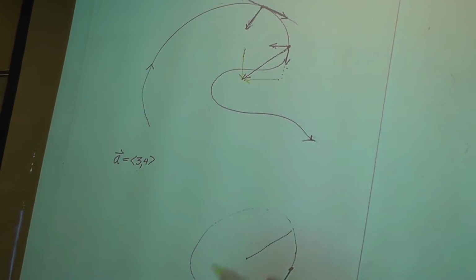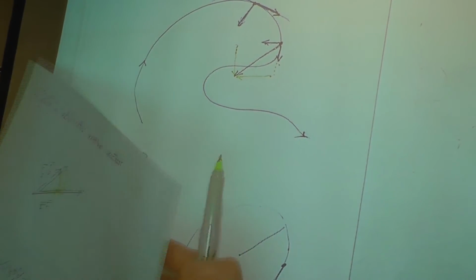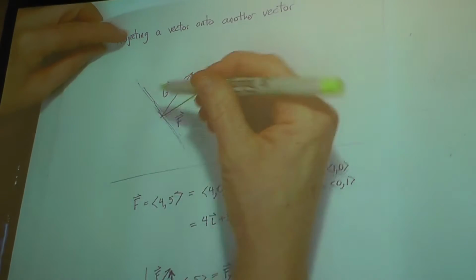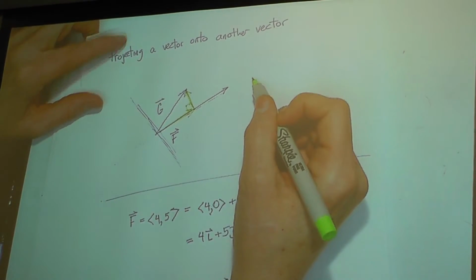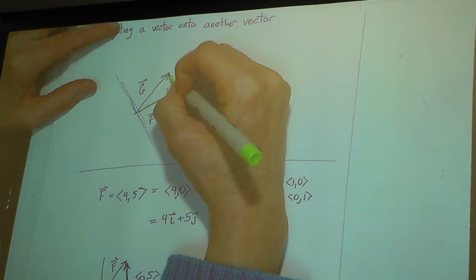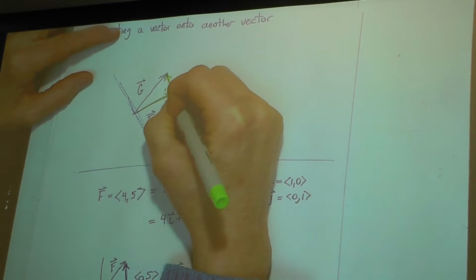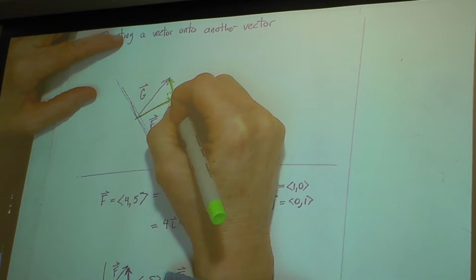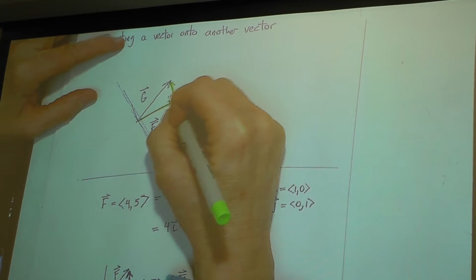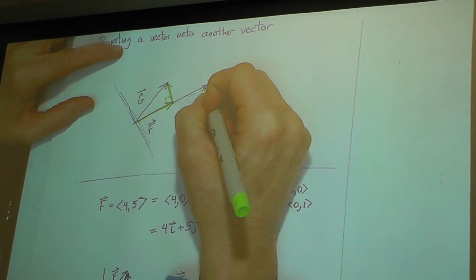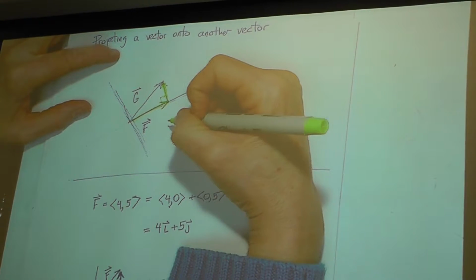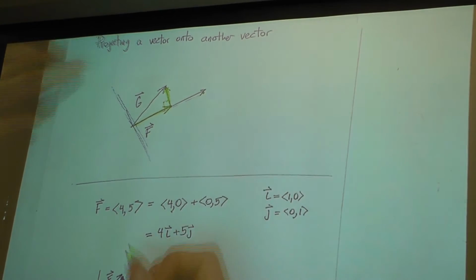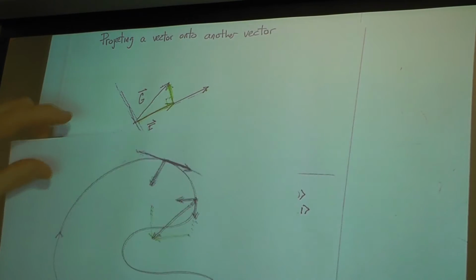But if I randomly draw a vector like G, and another vector like F, what I want to do is to write G as a vector that's a multiple of F plus this vector. So to relate it to what you were just showing on the other page, is that G the acceleration vector then?